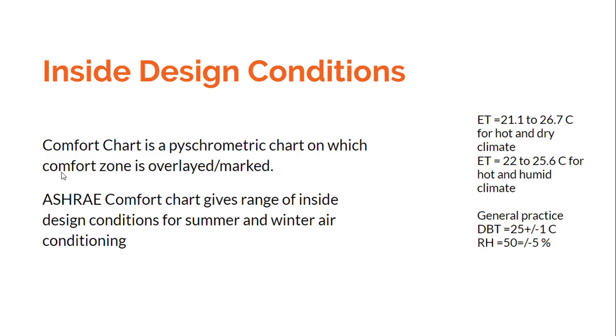There will be a separate comfort region for summer, and there will be a separate comfort region for winter. So within that range, one can choose a combination of temperature and specific humidity. And experience says that if you choose that region, then occupants would feel comfortable.